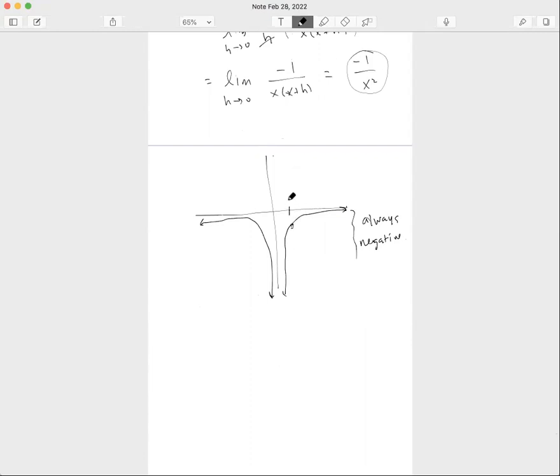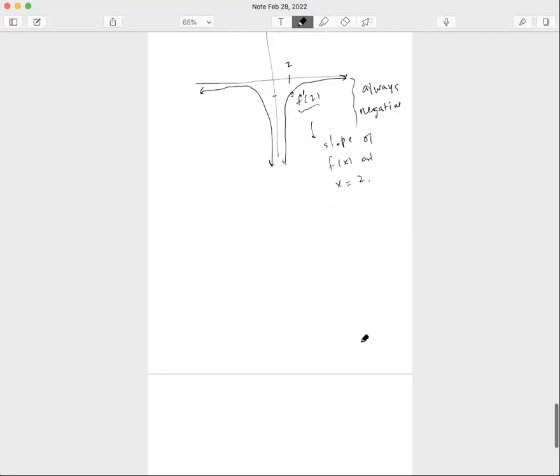So this is like 2, and this is f prime of 2. This is the slope of f of x at x equals 2. Okay.